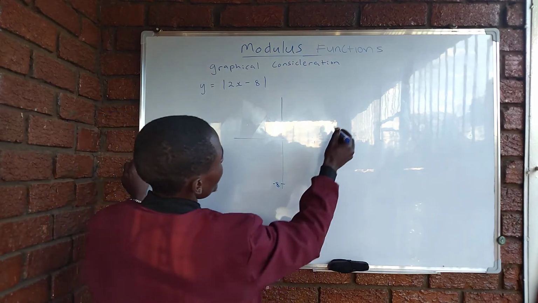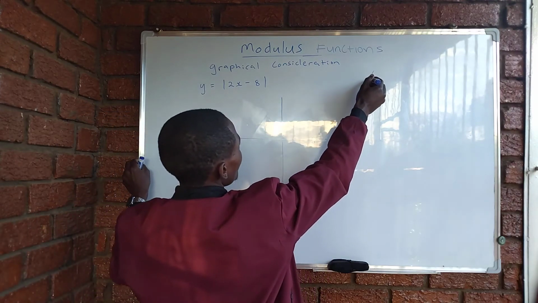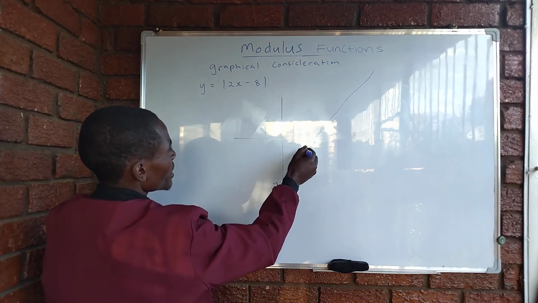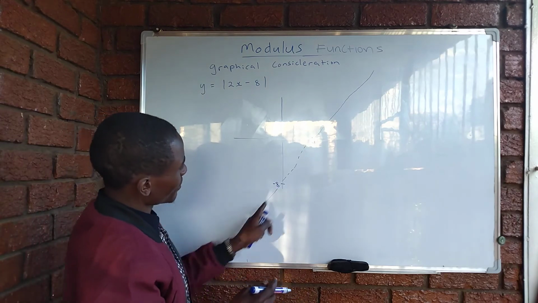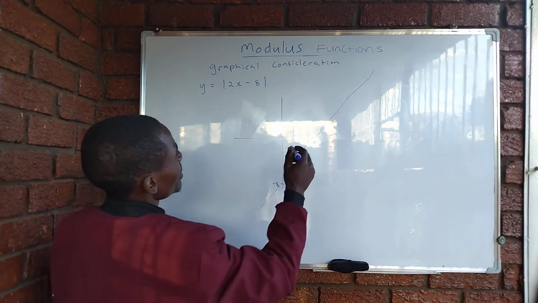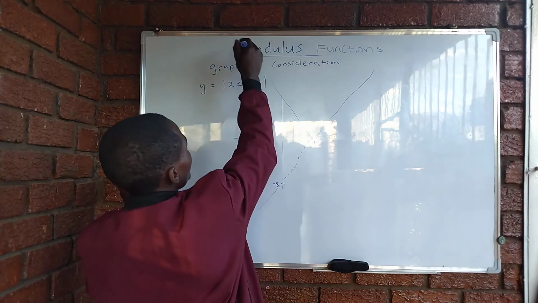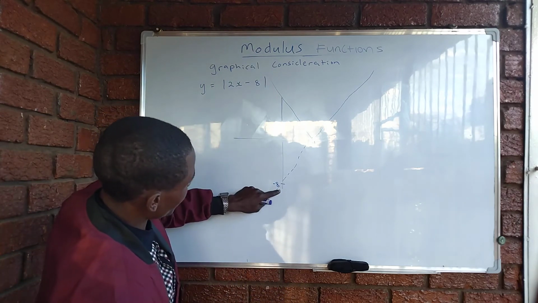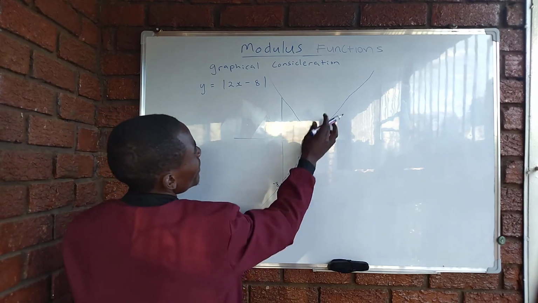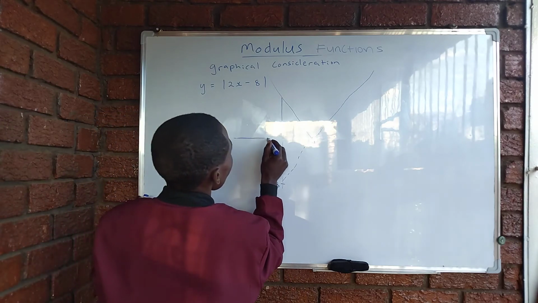Then the graph goes below the x-axis to negative values, but we reflect it. The distance from the mirror line, the x-axis, is the same on both sides because we are reflecting this curve about the x-axis.